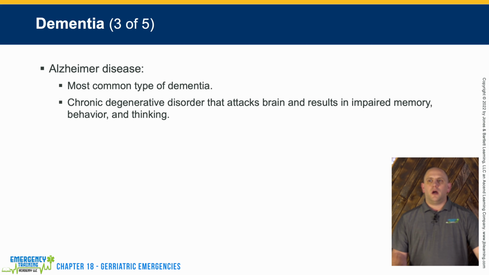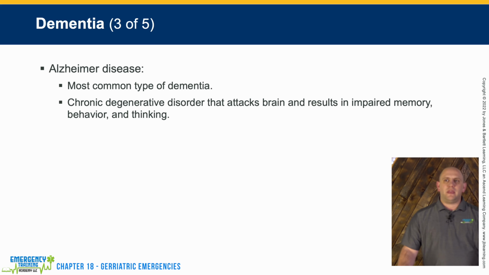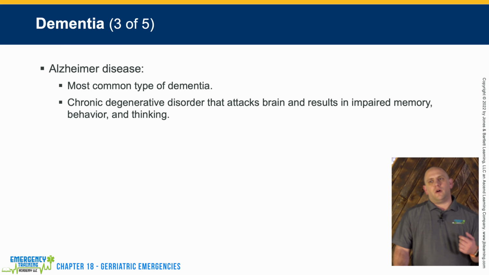This is a chronic degenerative disorder that attacks the brain and results in impaired memory and behavior and thinking. Patients that have Alzheimer's may experience extreme mood swings or feeling that people are plotting against them.